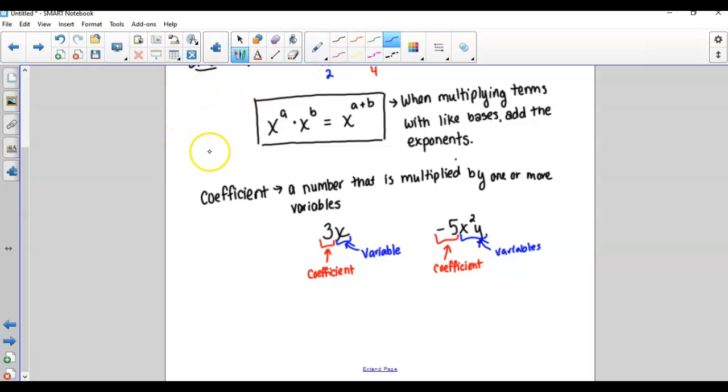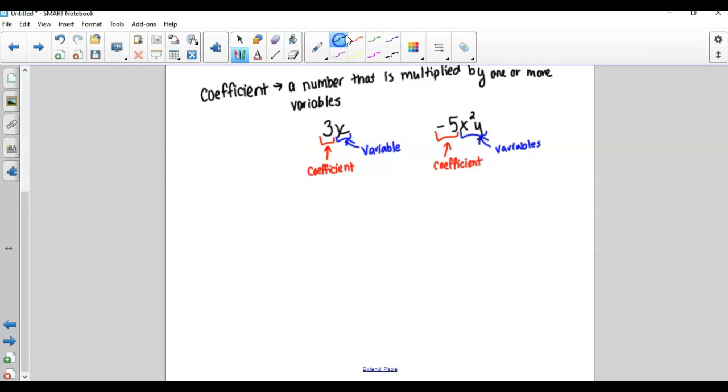So, let's look at what happens when we have coefficients in front of our numbers. So, for example, I want to do this problem: 3x times negative 4x to the third power. Alright, so when we're doing this problem, again, I'm going to look at this the long way.